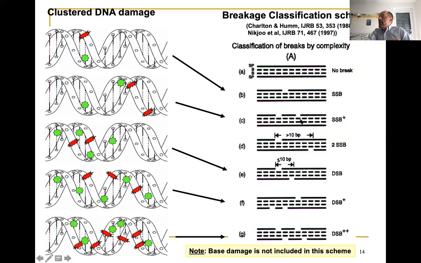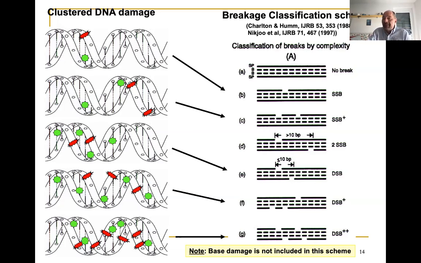This is what we can already call an SSB plus. We call it an SSB plus because there are now two single strand breaks. They are on the same side, so they are not a double strand break, but there are two of them. Now, if you have two single-strand breaks on opposite sides at a distance of 20 base pairs, here in this cartoon it is 10 base pairs, but you can imagine you can have 10, 20, 25. You take these numbers to adapt to the experimental data, essentially.